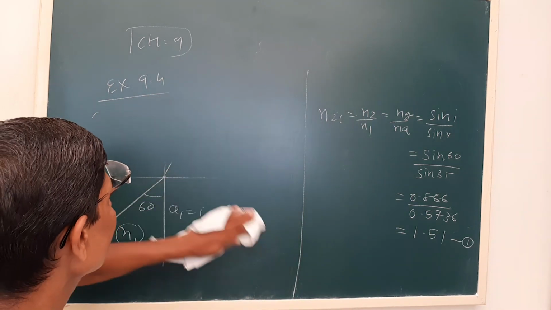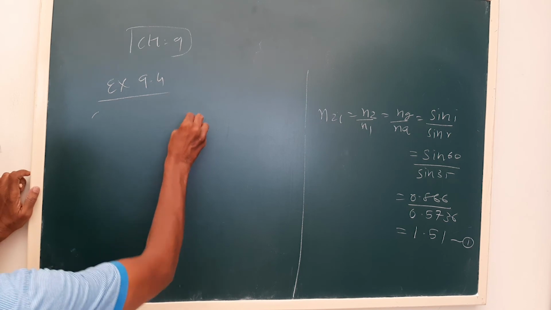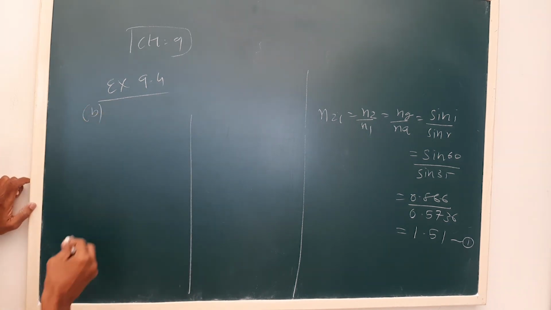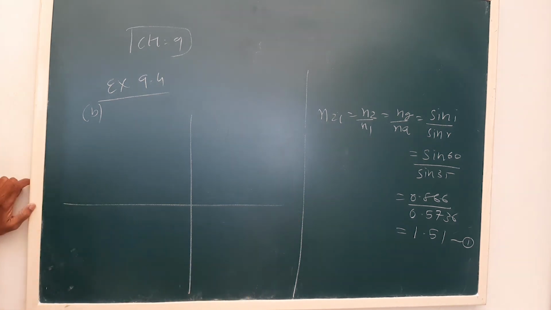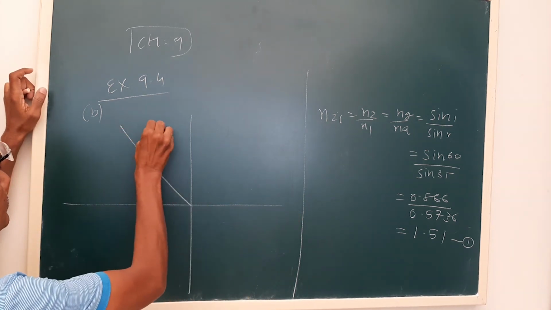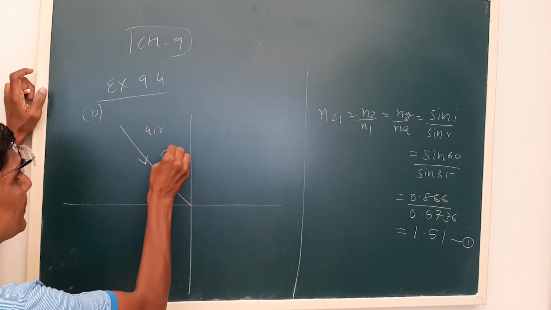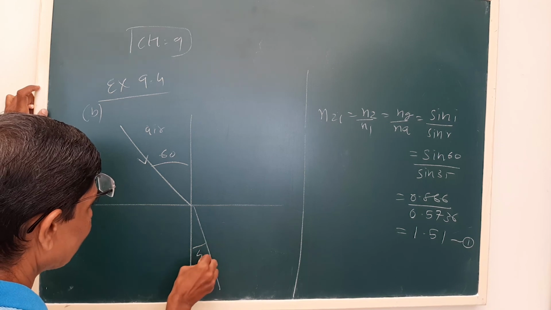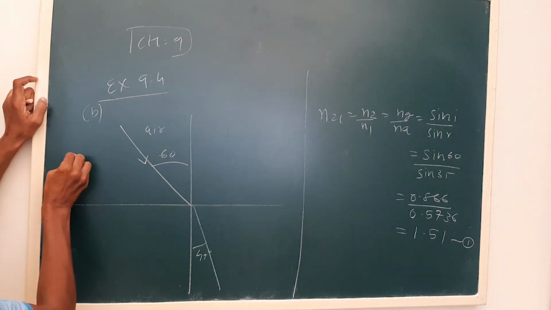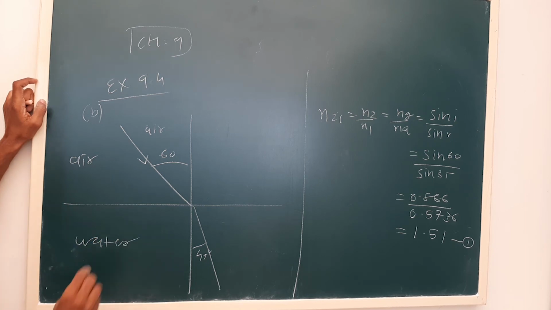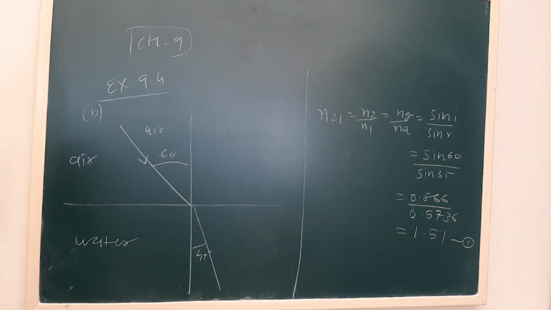Now see the second diagram, that is B. See, the ray travels from air to water. Angle is 60. The angle of refraction is given as 47 degree. Now in that case we have to obtain the refractive index.